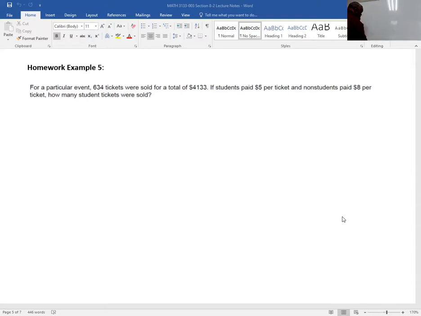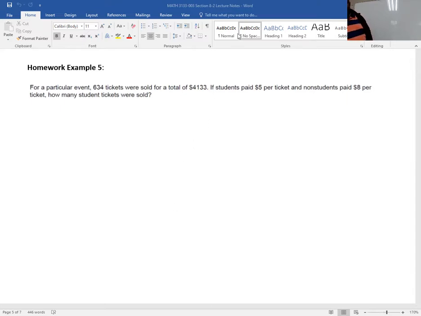So already we know that 634 tickets were sold and the total was $4,133. And students paid $5 per ticket, non-students paid $8 per ticket. That we know. And then we're going to find out how many student tickets were sold.